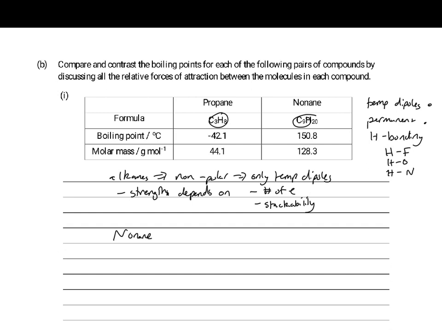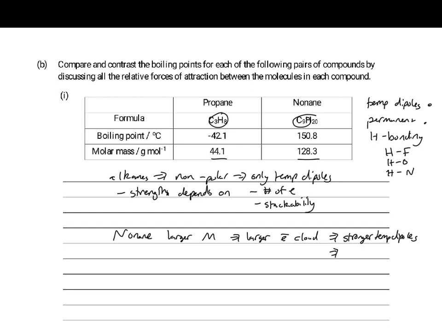So nonane has a larger molar mass. It's got a molar mass of 128 compared to 44.1. Therefore, it's got a larger electron cloud. Therefore, it's going to have stronger temporary dipoles. And the trick to these questions is you need to link the strength of the forces to the boiling point.